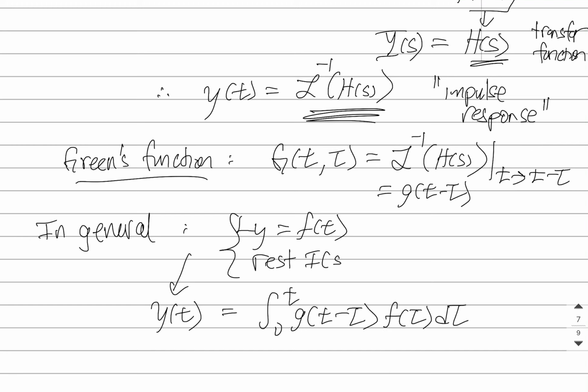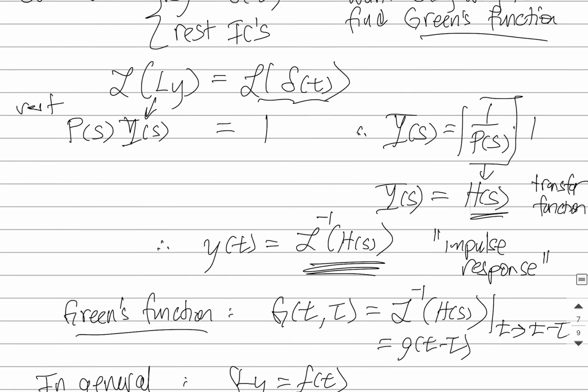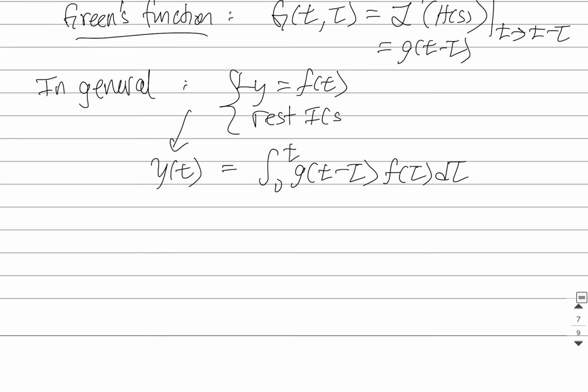Done. Case closed. We know everything about this linear differential equation. All we needed to do was study how it behaved under an impulse, see what its response was under the impulse, and then we are finished. That's how engineers, for example, use this in practice.